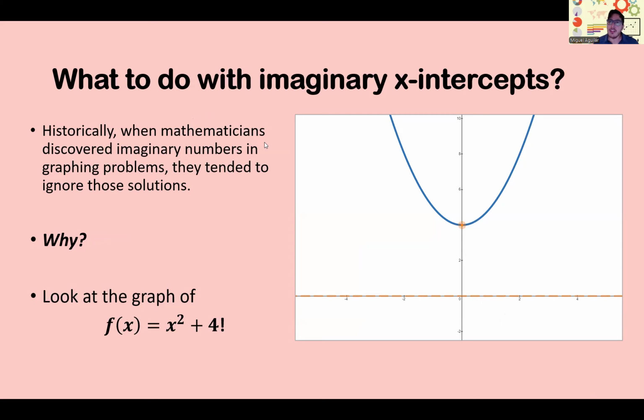Okay. So if you're okay with that, there are 2 Edpuzzle videos in Module 2 that talk about imaginary numbers. What it turns out is that when you have imaginary x-intercepts, you need a third dimension to actually show where the graph crosses the x-axis. But in this class, we're just dealing with flat graphs.